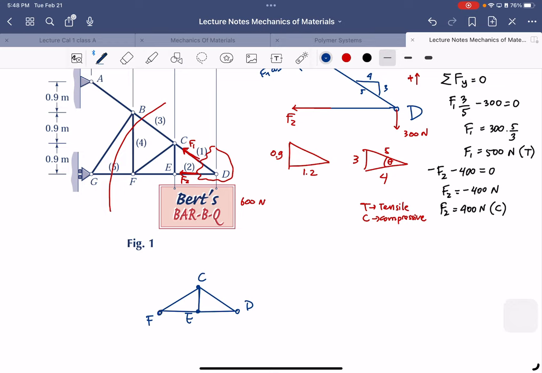And then, yeah, that's it. And then we have a force here. Let me give FG a member here, and then the F is here. And let's say the F is going to the left, F5.